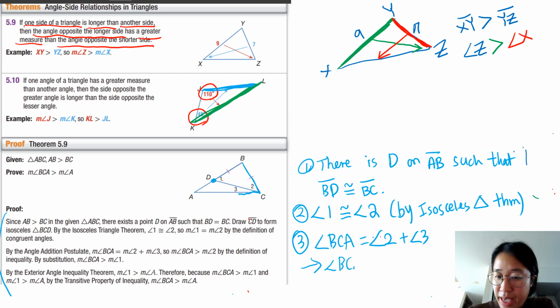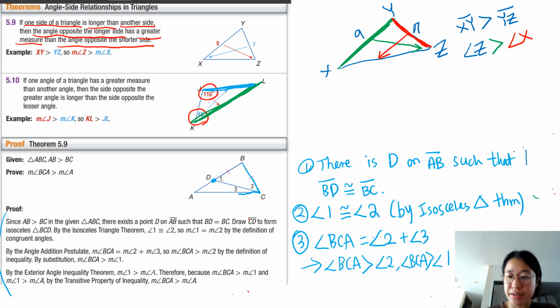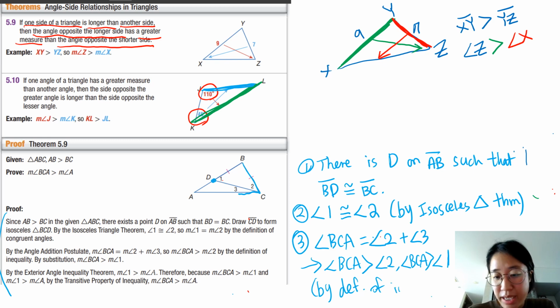Angle BCA is always greater than angle 2, and angle BCA is greater than what? Angle 1 as well, because it's an isosceles triangle. Angle 1 and angle 2 are equal, okay? So this one is what we talked about in the beginning of this lesson by the definition of inequality.